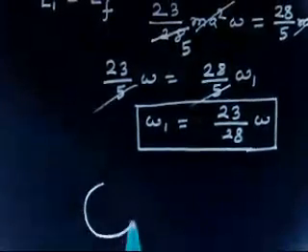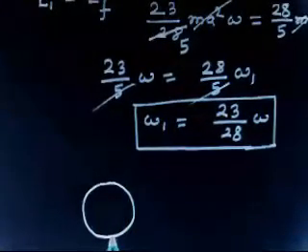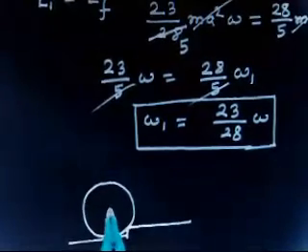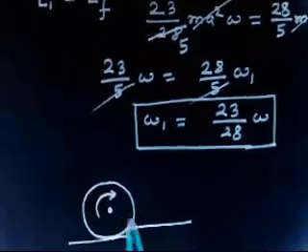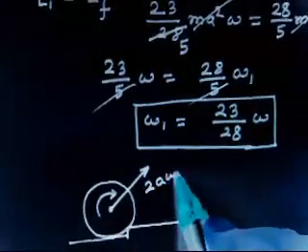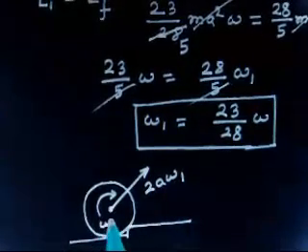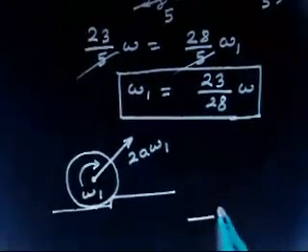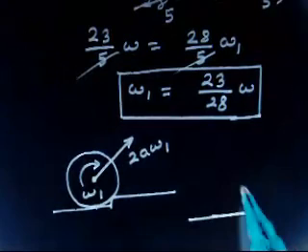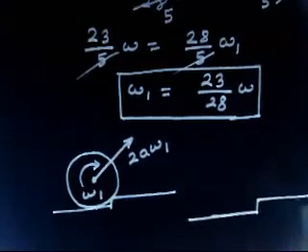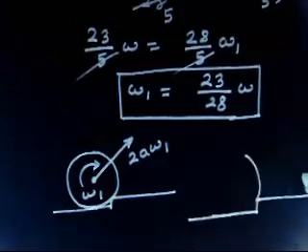So the situation is something like this. Initially it is something here. This is rotating with angular velocity omega 1 and moving with linear velocity 2a omega 1. After some time we will see that this sphere has to reach this horizontal surface.